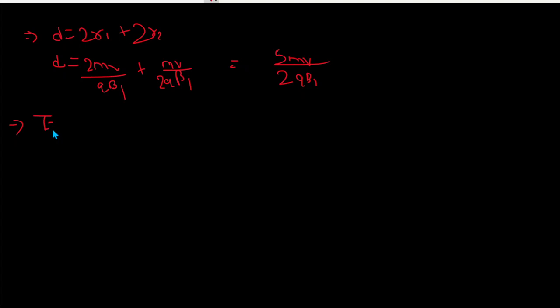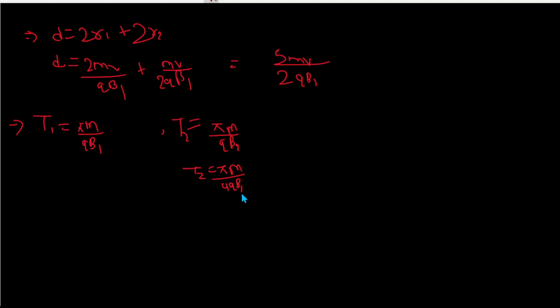For time 1, in the first semicircle, t1 is equal to pi m divided by qB1. Similarly for the second part, it will be pi m divided by qB2, and putting the value of B2 as 4B1, t2 will be pi m divided by 4qB1.